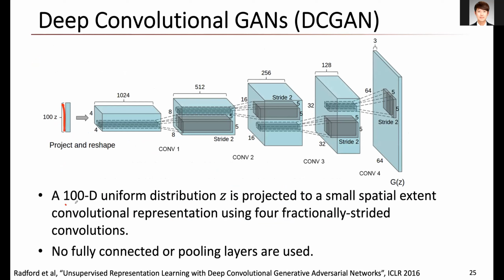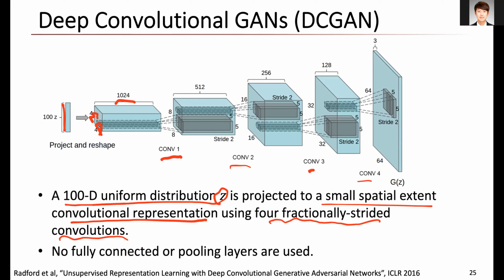The 100-dimensional uniform distribution Z is projected to a small spatial extent convolutional representation using fractional-strided convolution. So the output is going to be 4 by 4 by 1024. Then by sequentially applying convolutions 1, 2, 3, 4, we generate the 64 by 64 by 3 image, which is going to be G of Z. Right? No fully connected or pooling layers are used in the generator.